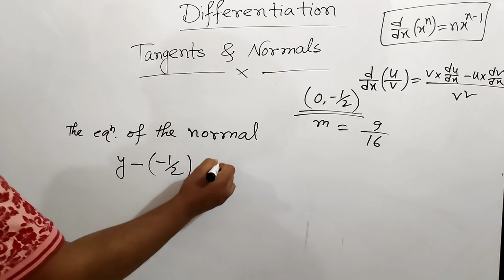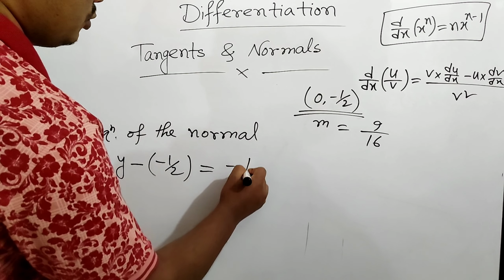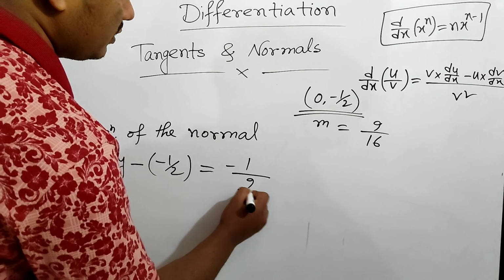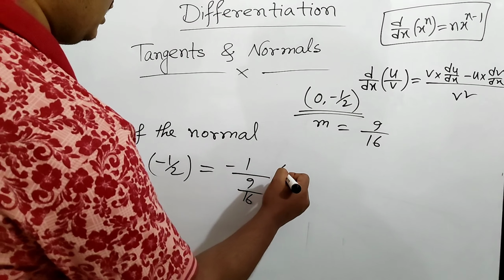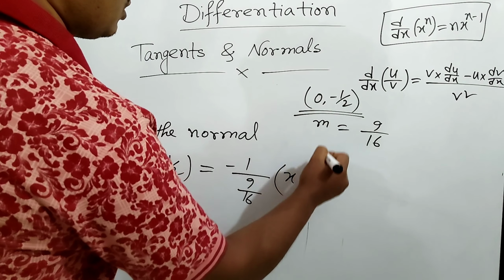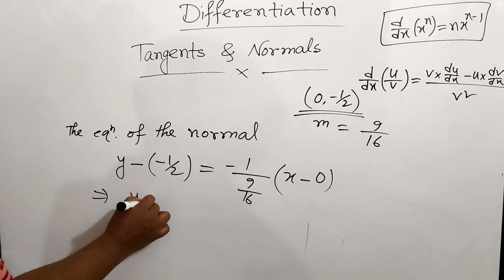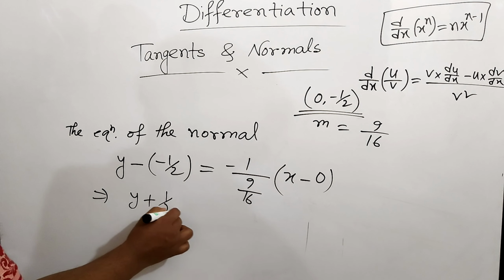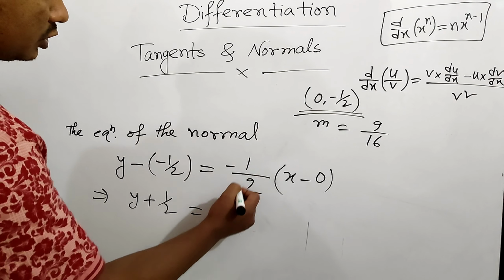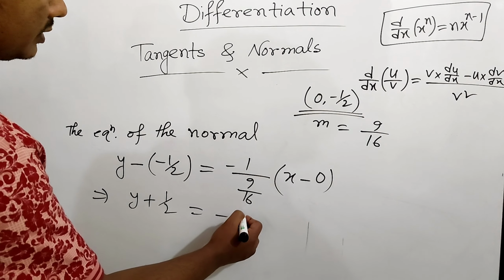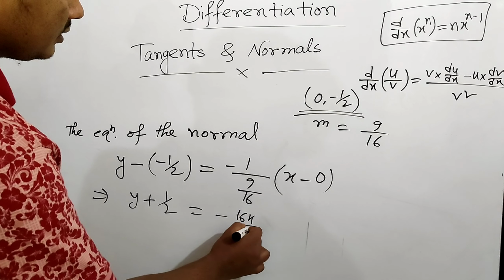Here only the gradient will be changed, that is negative 1 over m, that is 9 over 16, and here x negative x1, that is 0. So you just do the calculation, nothing else. So plus half, the calculation, it should be reciprocal, it should be 16x over 9.